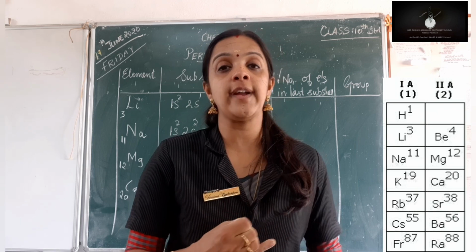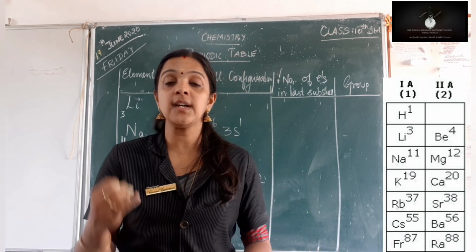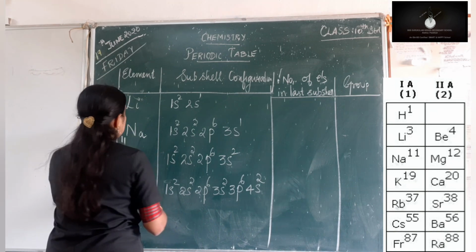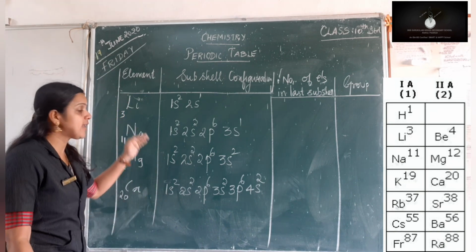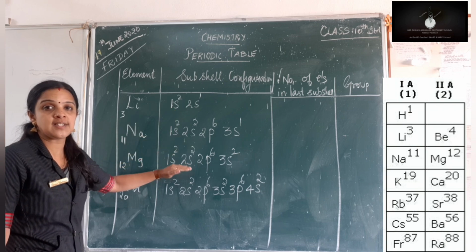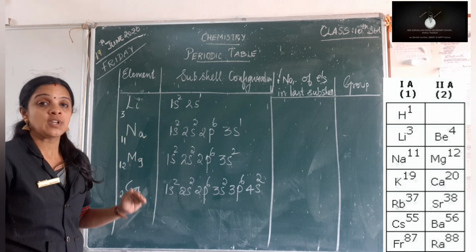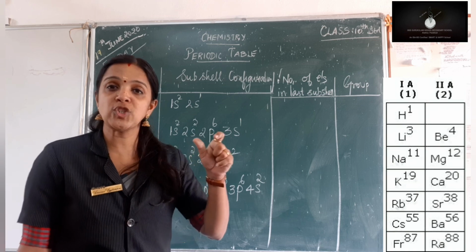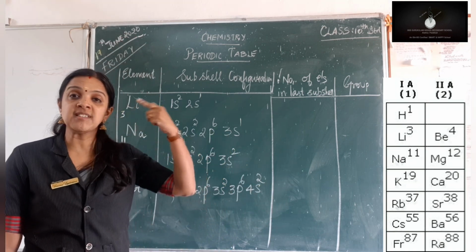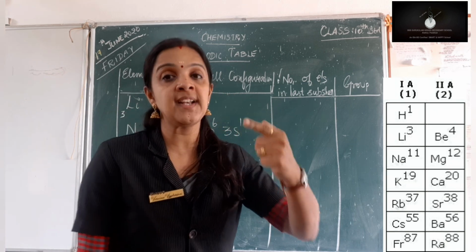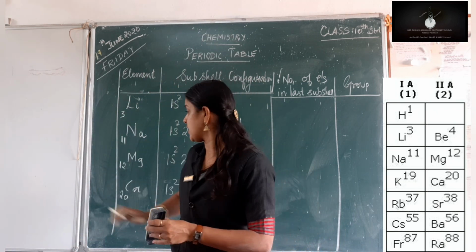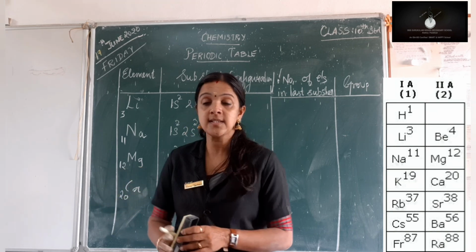Now we are going to find out how to determine the group of the element. If you see the table given here, we have 4 elements, and I have written their subshell electronic configurations. Now we are going to see to which group they belong. Let me recollect what we saw in the beginning of the class. We are considering S block elements.